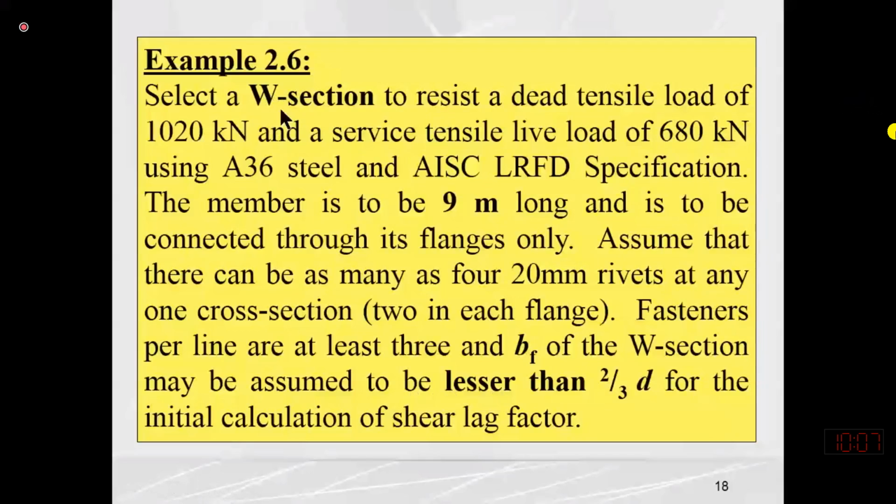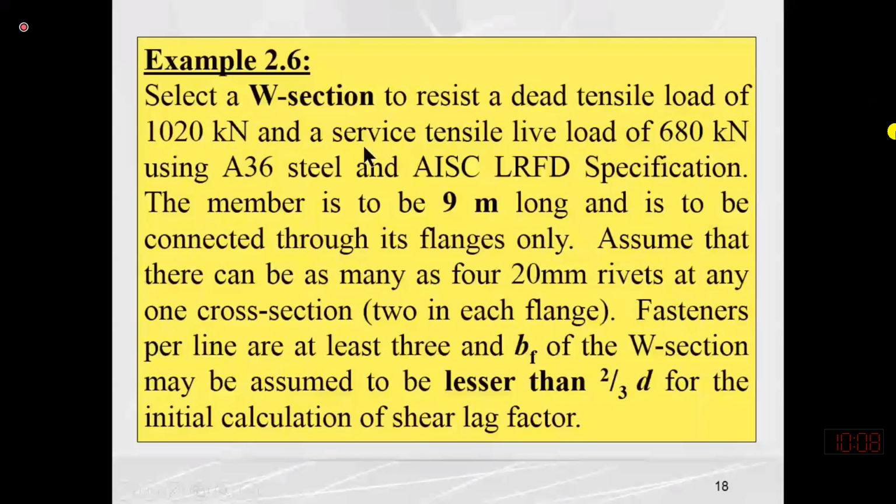To resist a dead tensile load of 1020 kilonewton, we are given a dead load in tension. The magnitude of the dead load is 1020, and it is subjected to a service tensile live load of 680 kilonewton. Service means without being multiplied by any overload factor.